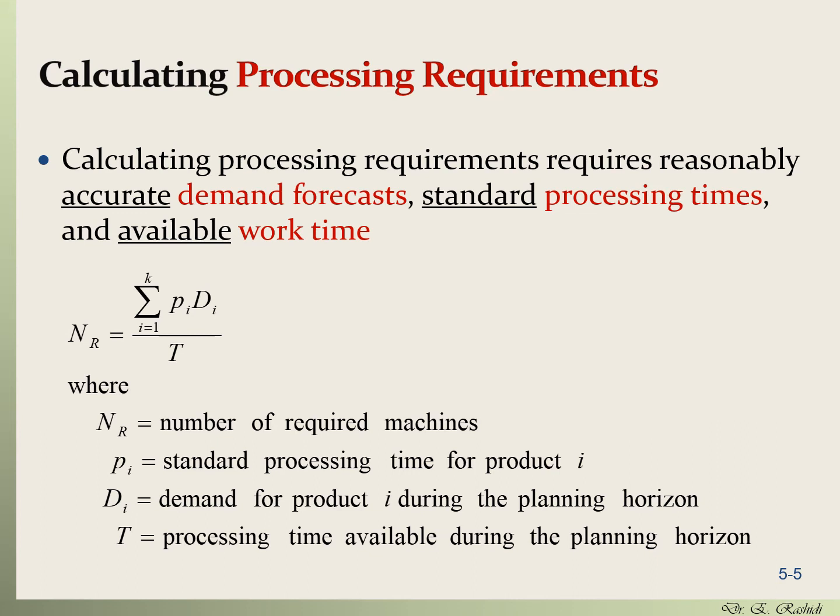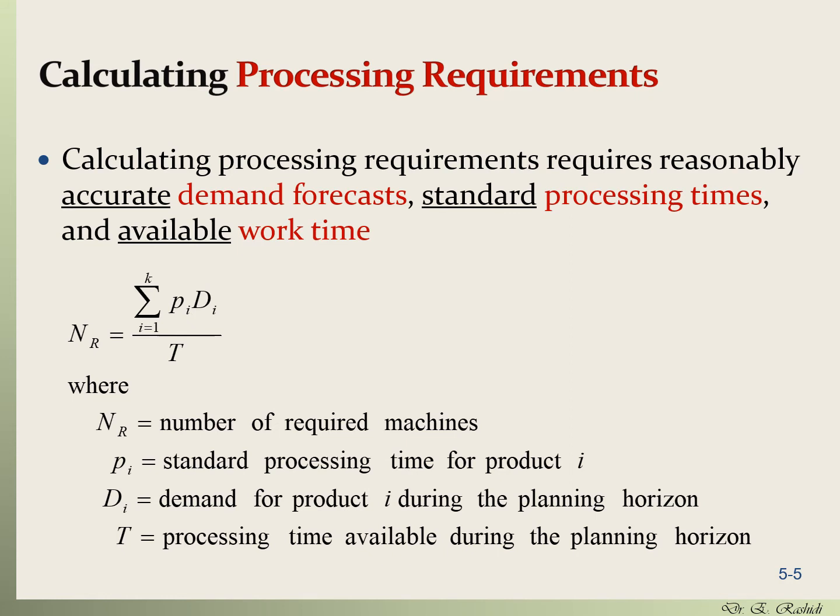Also, based on your estimation and your forecast, you have an estimation of the demand for that certain product. And you know the time horizon that you want to produce that many products to provide to the market. Based on this information, you can figure out and estimate the number of required equipments and machines that you have to purchase.